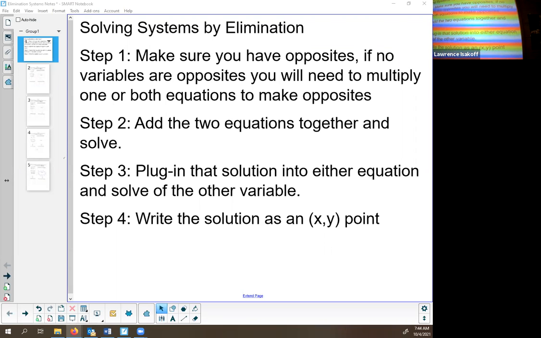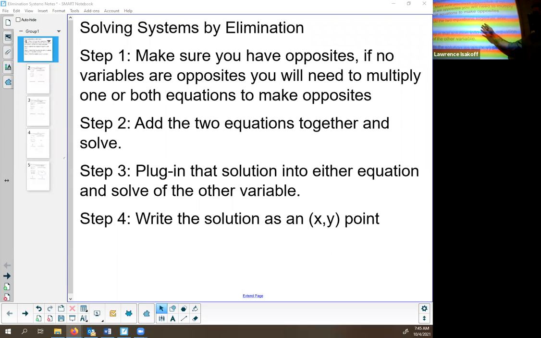Again, just a quick review of these steps as you are finishing up. Make sure you have opposites. Again, we're going to start off with examples that do have opposites, so life is a little easier there. If we don't have opposites, we're going to need to make them by multiplying one or sometimes both of the equations.